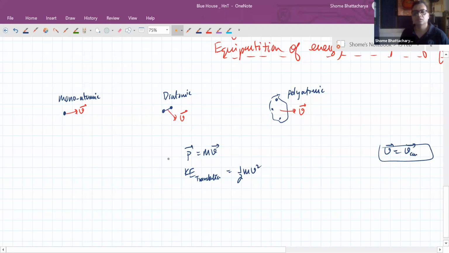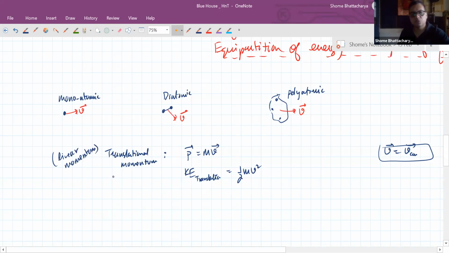That is the translational momentum, or in more common language, linear momentum. You might have started rotational mechanics where you have studied angular momentum also, so there are two types of momenta, angular momentum and linear momentum. Similarly, this is called the translational kinetic energy.